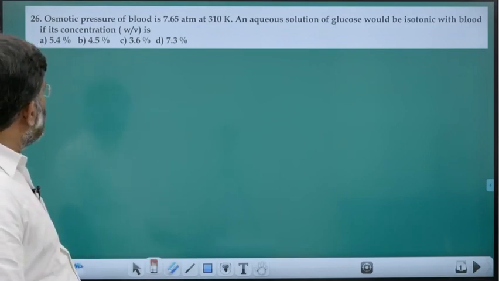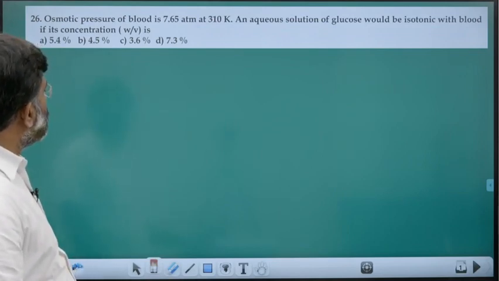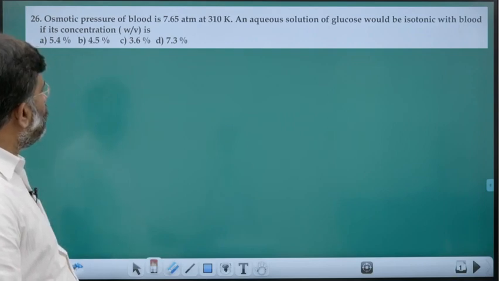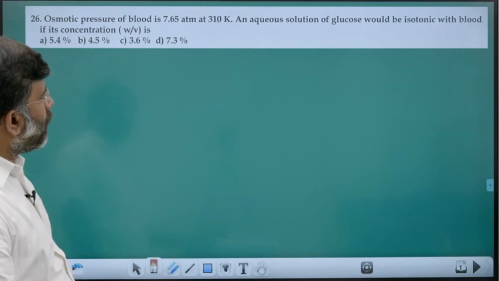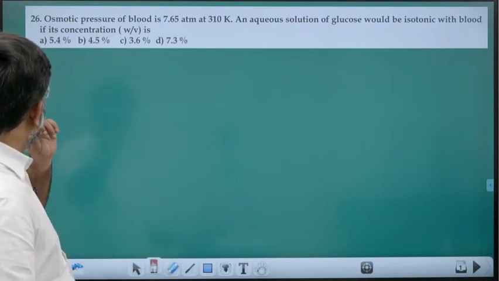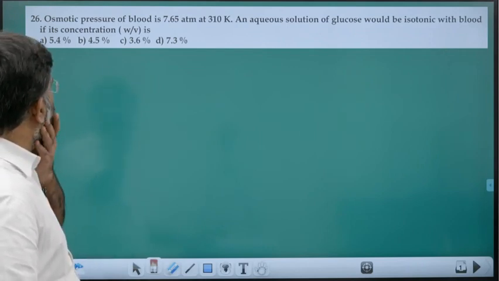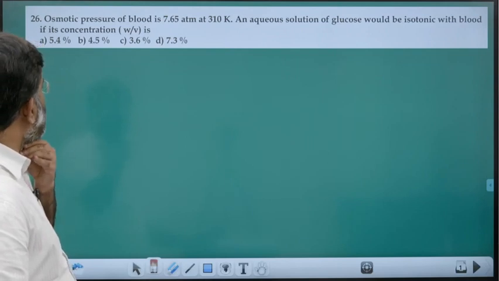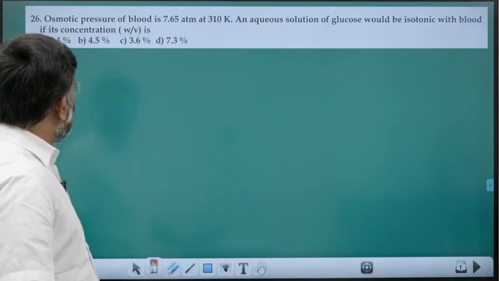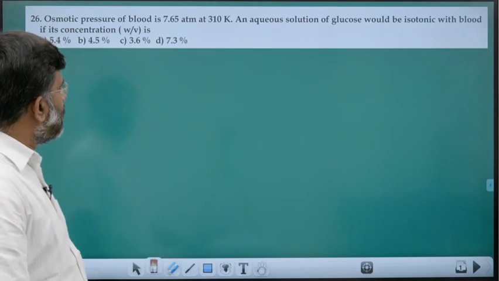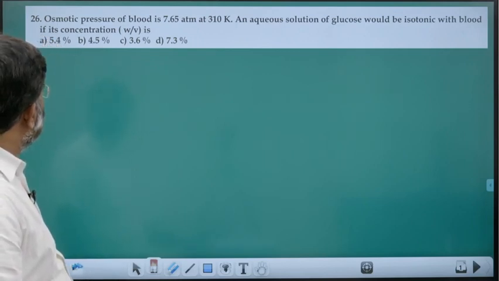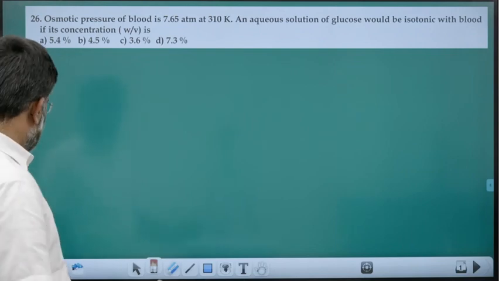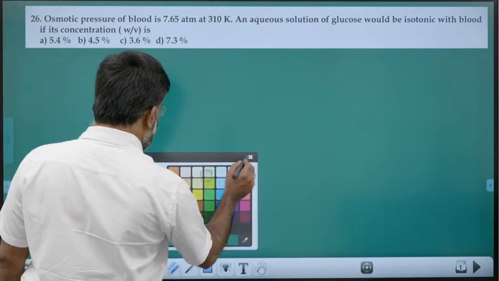Twenty-sixth question. Osmotic pressure of blood is 7.658 atm at 310 Kelvin. An aqueous solution of glucose will be isotonic with the blood if its concentration, weight by volume percentage, is... You apply the formula.